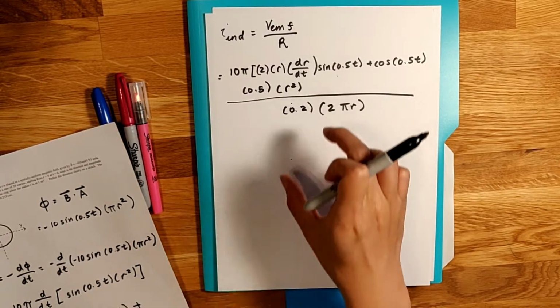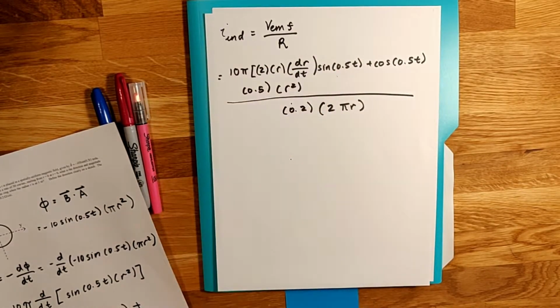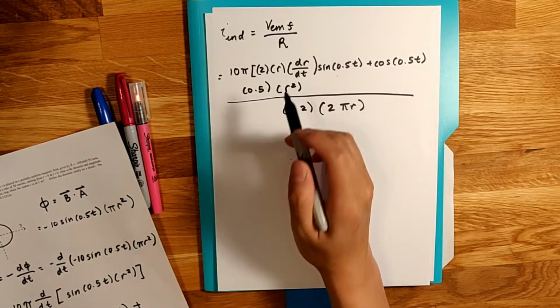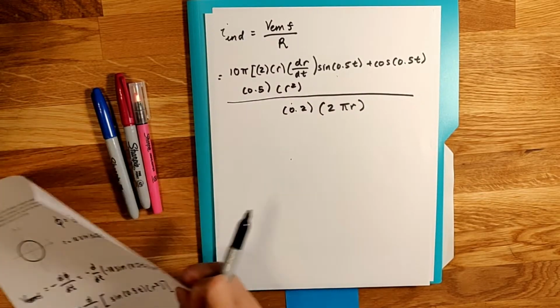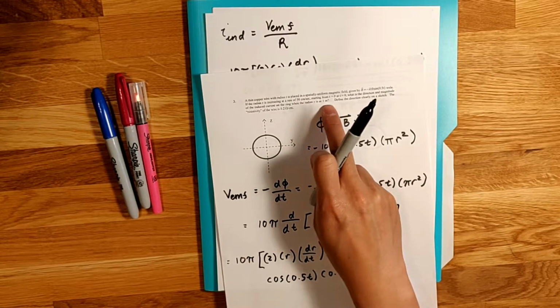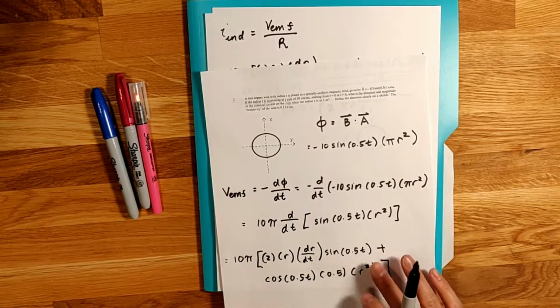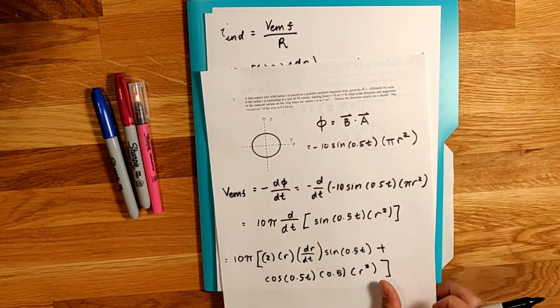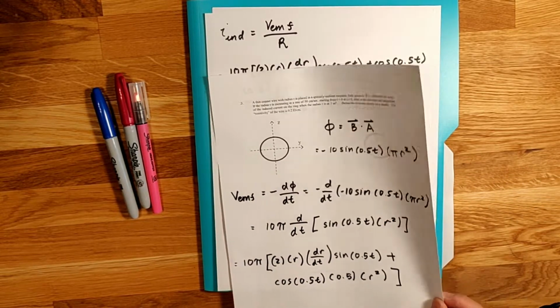So now that we have our equation for I induced, let's plug in the radius and time, since we are interested in when the ring's radius is at 1 meter. But the question is, when does this ring even reach 1 meter?